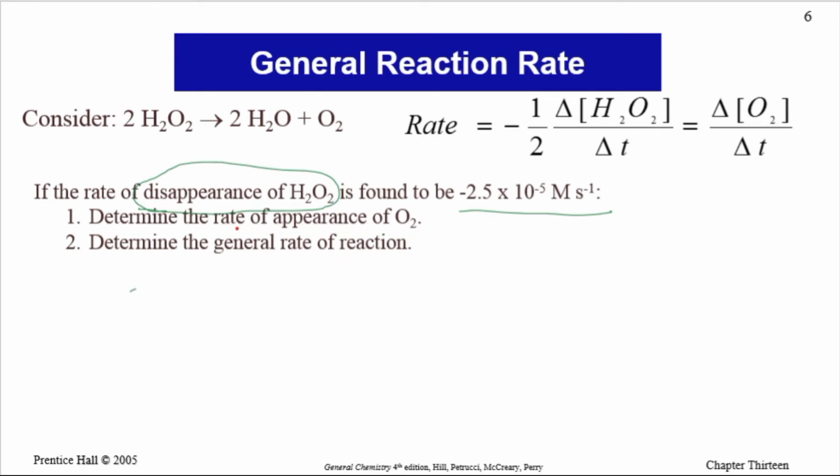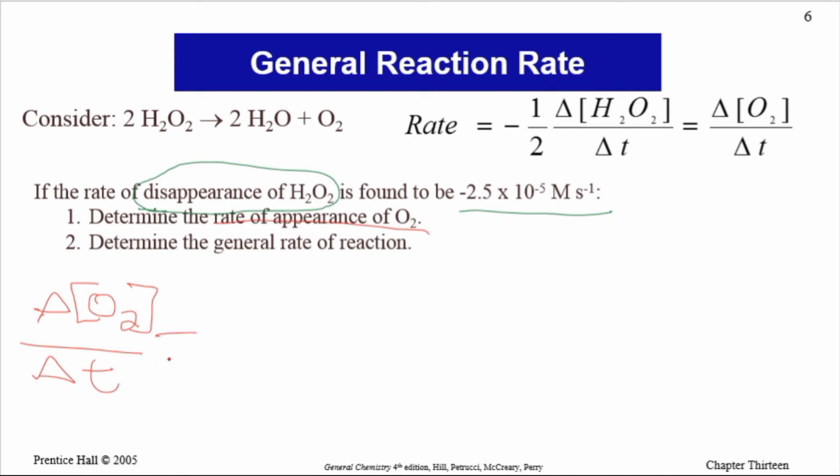So it's asking us to find the rate of appearance of oxygen. And what that means is it's asking us to find the change in concentration of oxygen divided by the change in time. That's the only thing it's asking us to find for number 1, right?